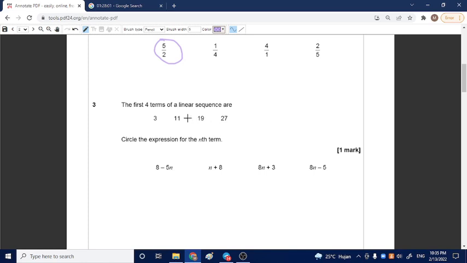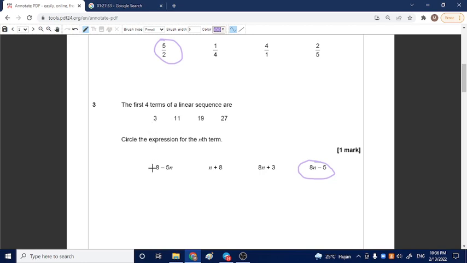And then this linear sequence, it's obvious that this is an arithmetic progression of difference 8. We have to find the nth term, so technically we need 8n, the gradient 8. The first term n goes to 1, the answer is 3.